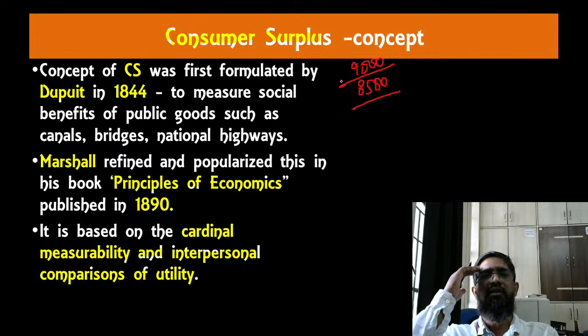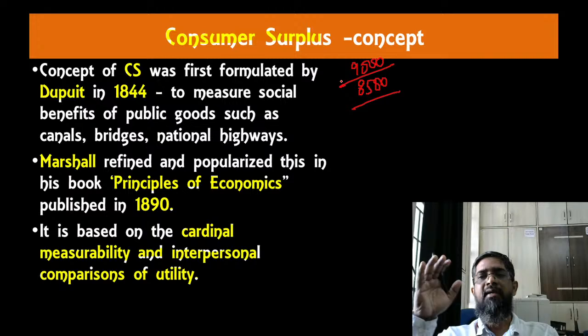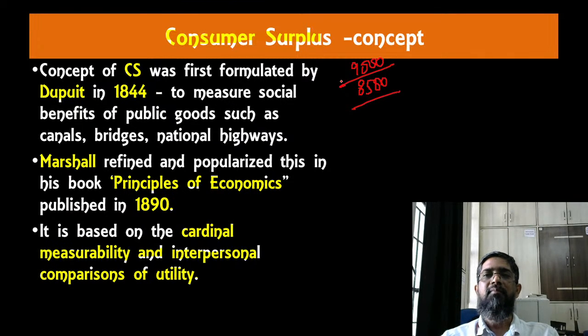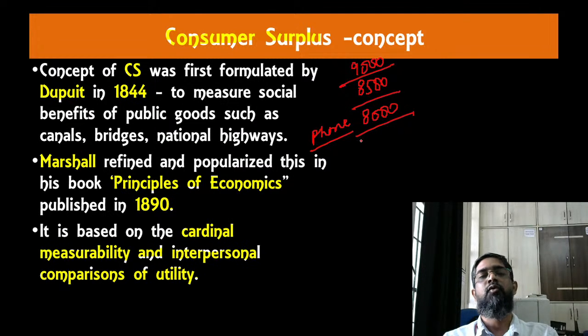That means mentally you are ready to pay 9,000 rupees. But when the seller told you it is available for 8,500, you thought, let us bargain some more. You ask, give me some discount. So the seller gave you another discount of 500, and now the mobile phone is available for 8,000 rupees.